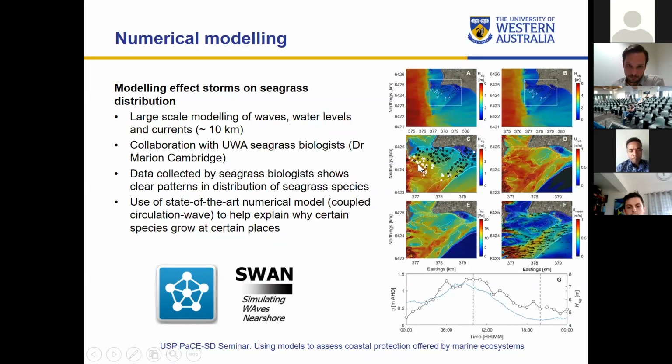So the white triangle is one particular species, and the black circle is another species. And they had done some analysis and they had some suspicions why that might be, but they didn't really measure any hydrodynamics or waves. They mainly collected data on density of seagrass and what species it was.